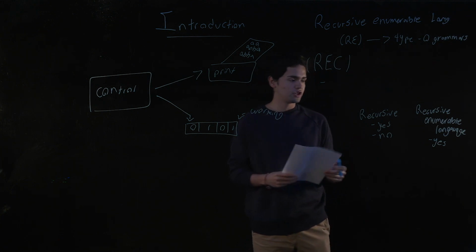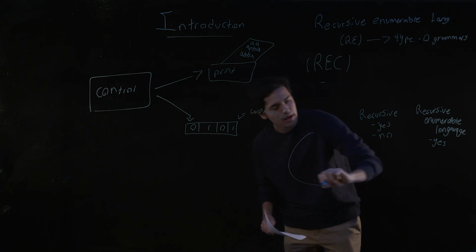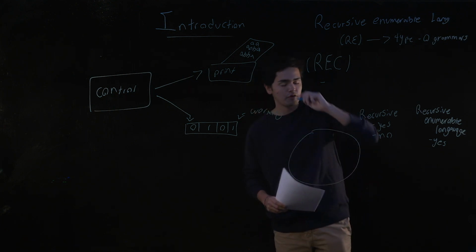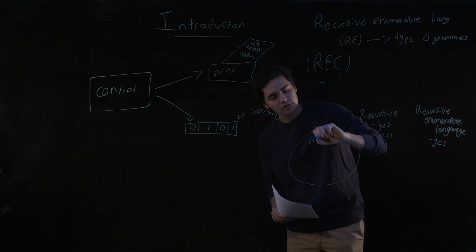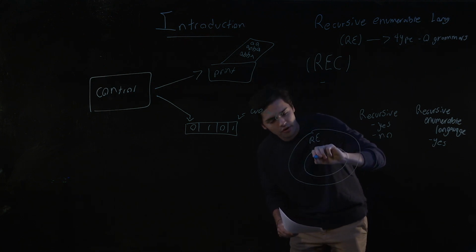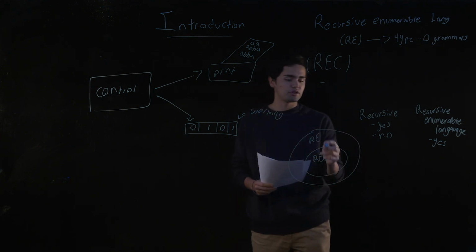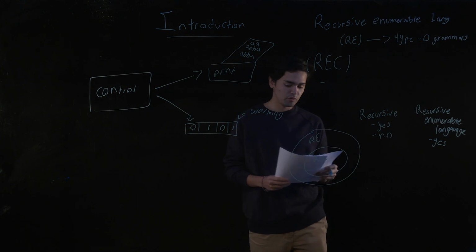The following relationship can be established with this diagram, where we have RE, or recursive enumerable languages, on the outside, and then recursive languages on the inside. Therefore, every recursive language is recursively enumerable, but not every recursive enumerable is recursive.